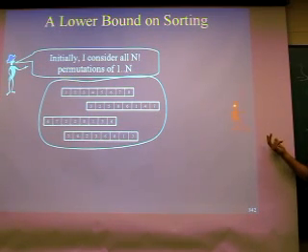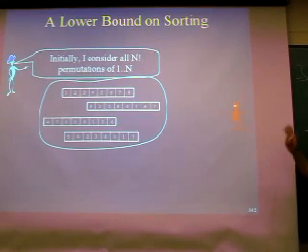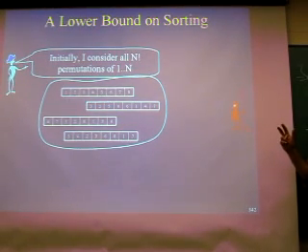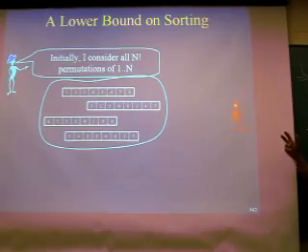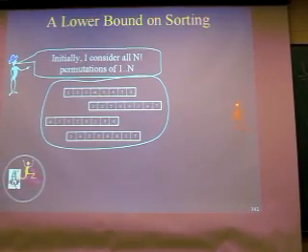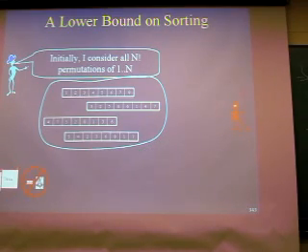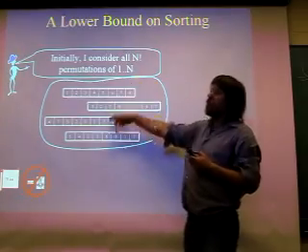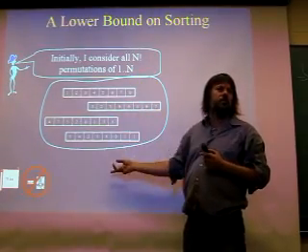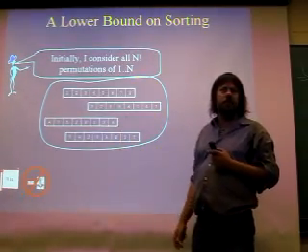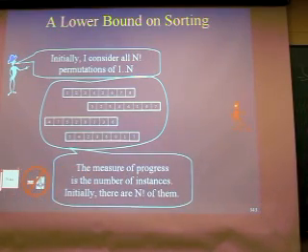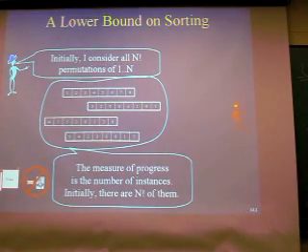Why? Because he hasn't done anything yet. Does that make sense? Everybody with me here? All right, so that's how we establish the loop invariant. The measure of progress will be the number of inputs that we have in this set. So we have n factorial so far.